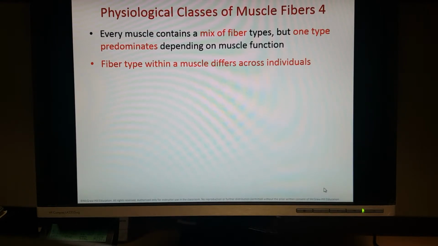Your fiber type varies between individuals. Someone like Usain Bolt, a fast runner, is going to have a lot of fast twitch muscle fibers to respond quickly for running and make sure he wins the race. Someone who does more yoga or ballet might have a little more slow twitch, to keep their balance and maintain particular positions.